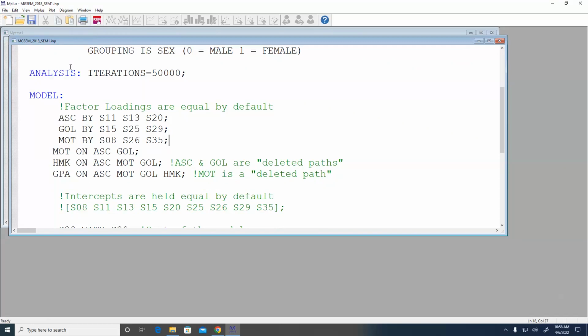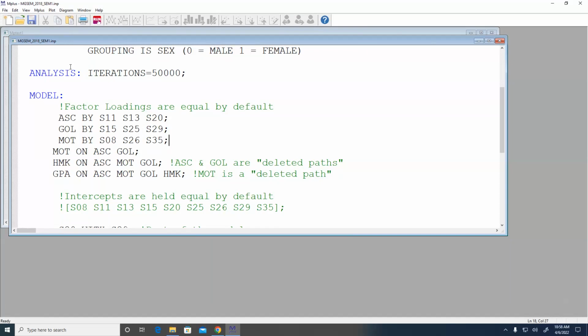Well, then you would actually have to set the intercept to be equal to 0 across the two groups, right? And then you would freely estimate the mean across the two groups. You can just do that with Mplus code.